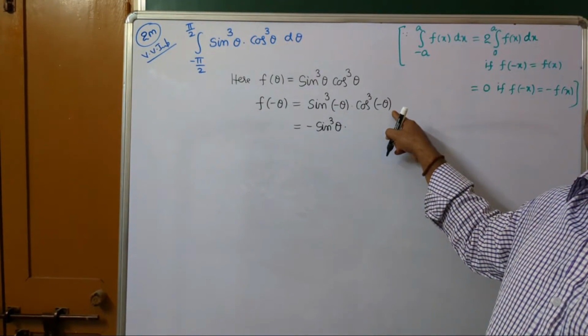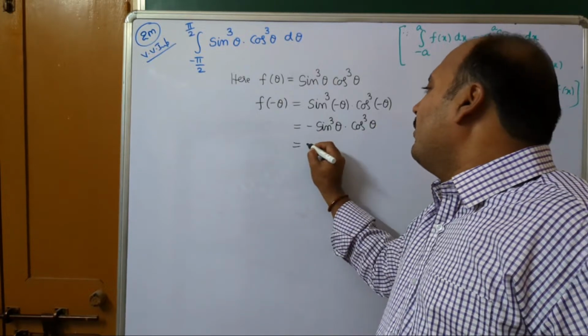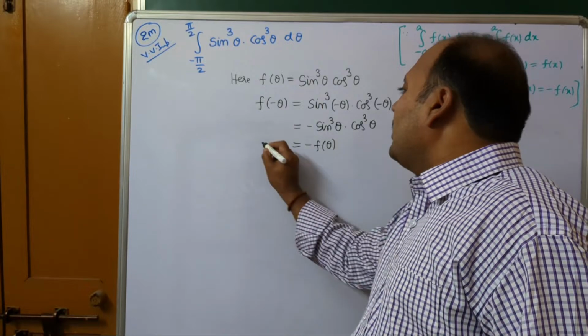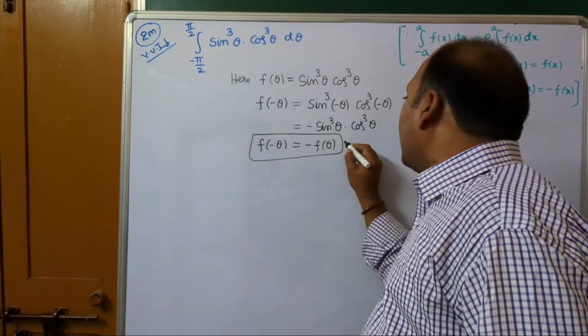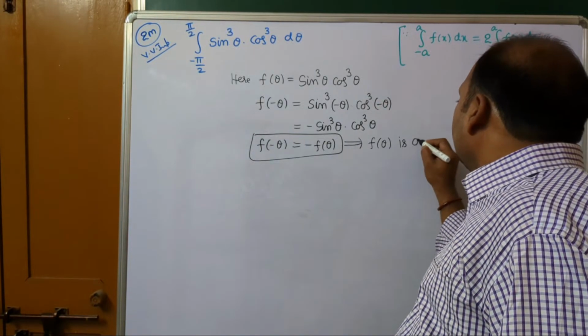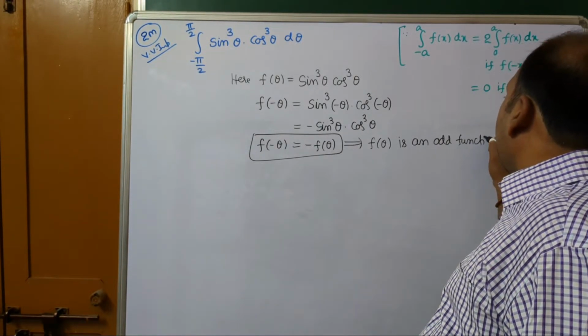Cos of minus theta is cos theta only, we can neglect it. So ultimately minus this completely equals f of theta only, no? So f of minus theta equal to minus f of theta. It shows that f of theta is an odd function. Till there, one mark.